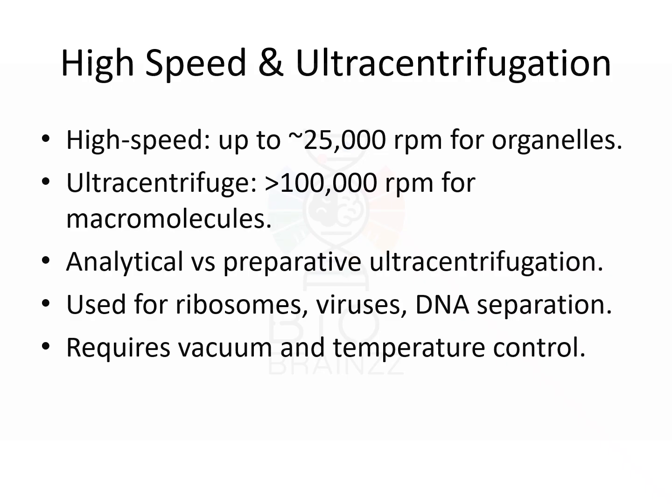These are of two types: analytical and preparative ultracentrifugation. Analytical is used for studying properties, while preparative is used for sedimentation and collection. This technique requires special conditions like vacuum and temperature control to prevent damage to the sample.